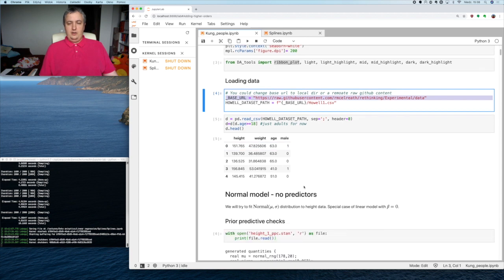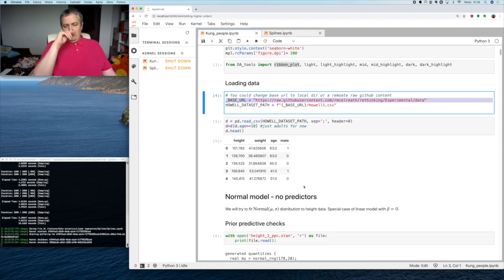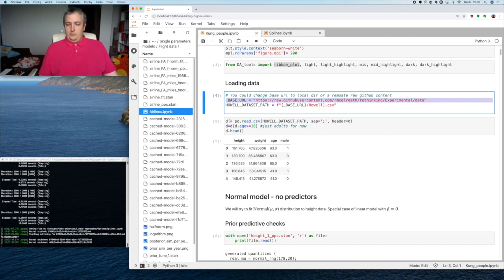We can see our dataset is relatively simple. It consists of the height, our variable of interest, weight of such person, their age, and binary encoded gender.